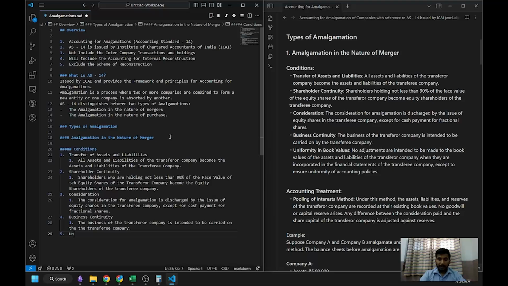Okay. And lastly, the uniformity in the book values. No adjustments are intended to be made to the book value of the assets and liabilities of the transferor company.